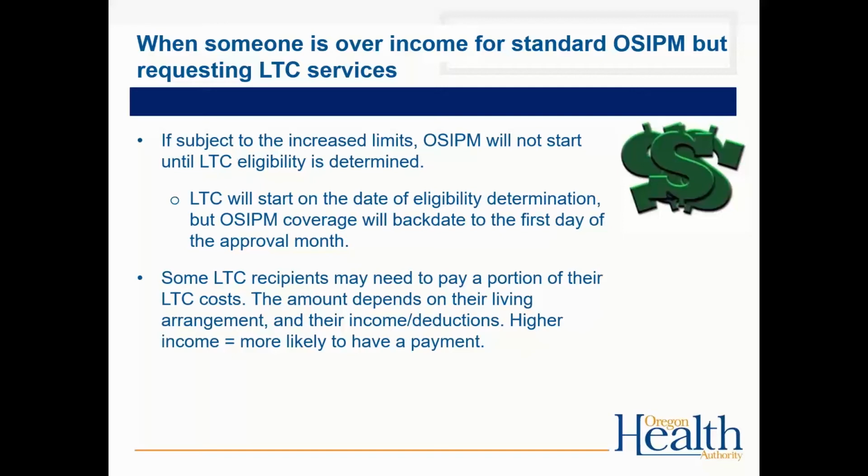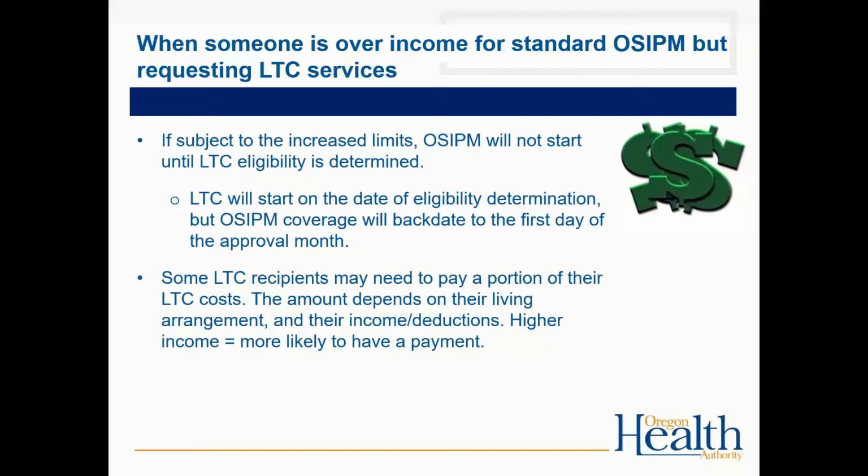Okay, so that 300% level. When someone is over income for our standard OSIP-M, so they wouldn't be eligible for that Medicaid Plus benefit package if it weren't for their long-term care service needs, if they are subject to that higher 300% of SSI level, the OSIP-M won't actually start.